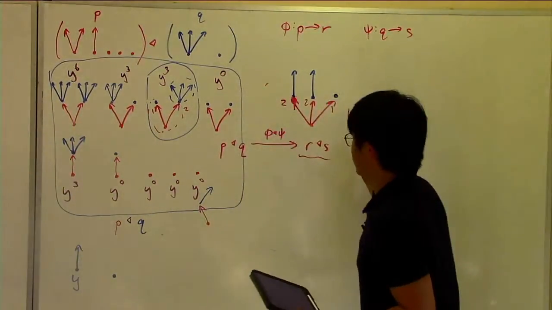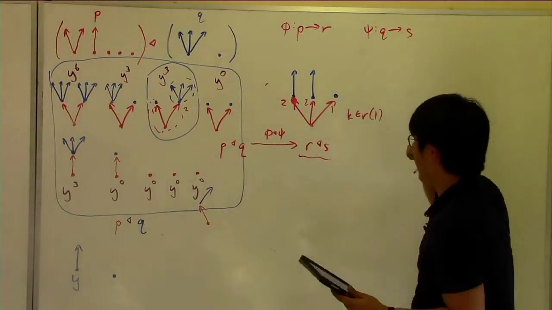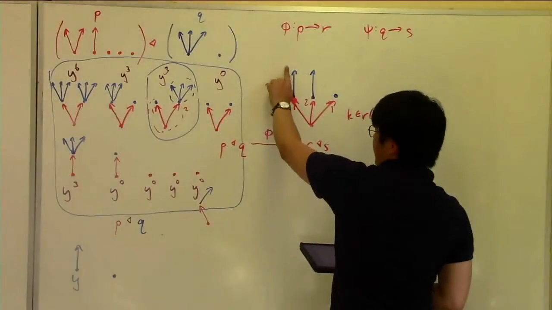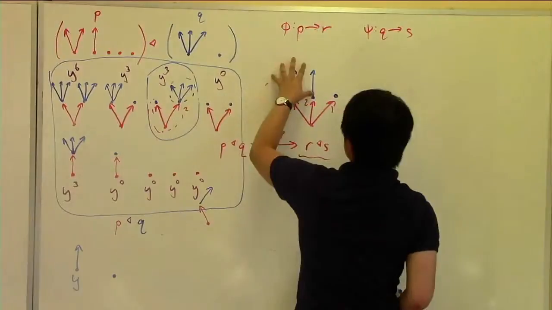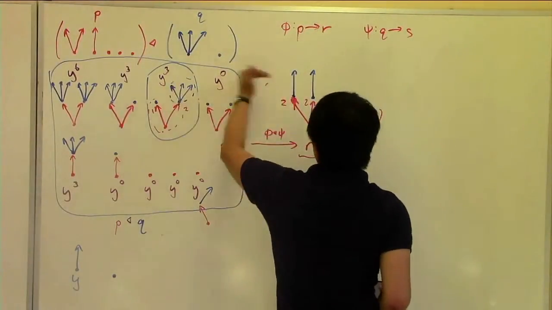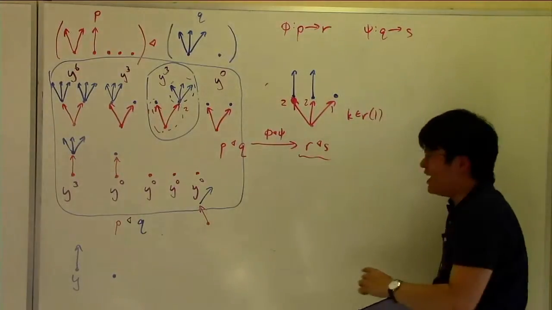Now, of course, I also have to tell you where each direction gets sent back to, but that's not too bad because we knew that this position came from this position, and this is just part of the map psi.